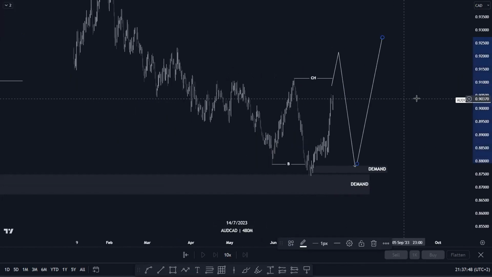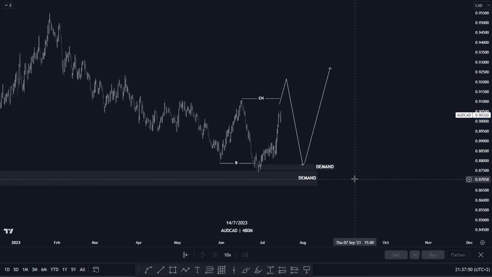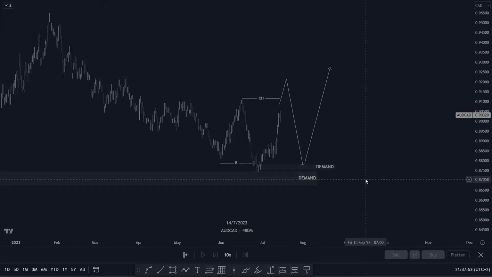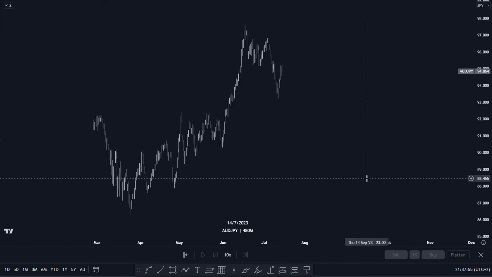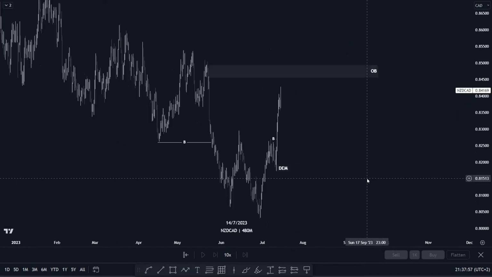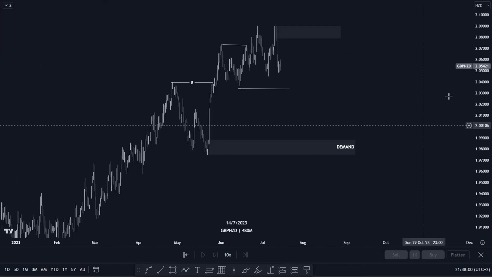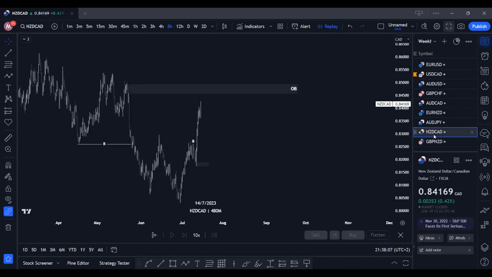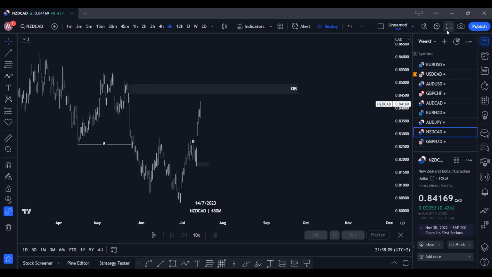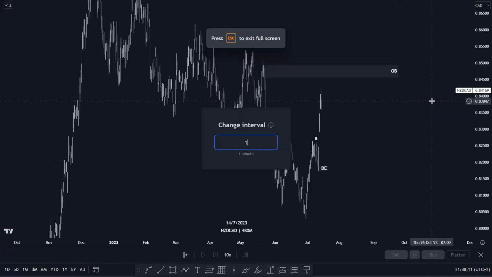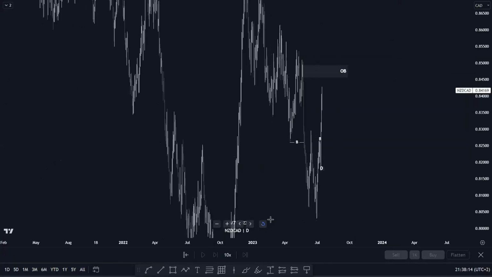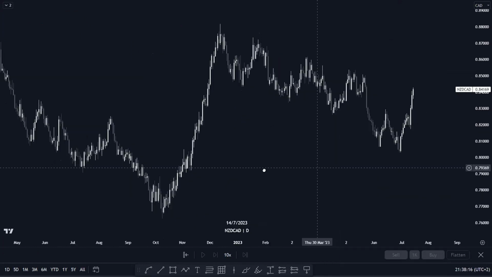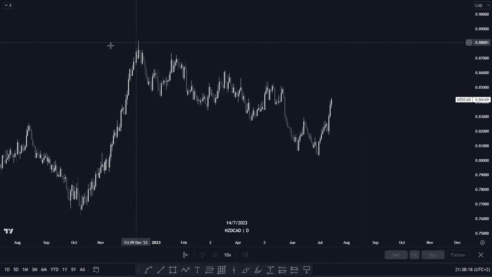Okay, so that's it for AUD CAD, and let's just move on to, a quick one, let me just do a quick one here, AUD NZD CAD.